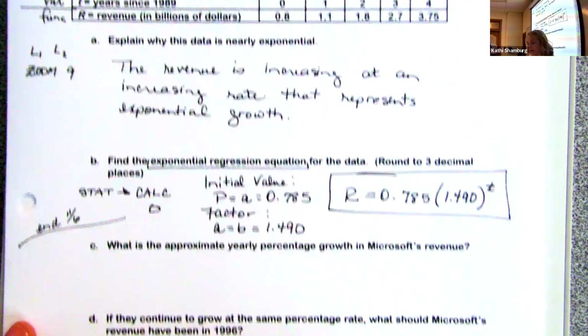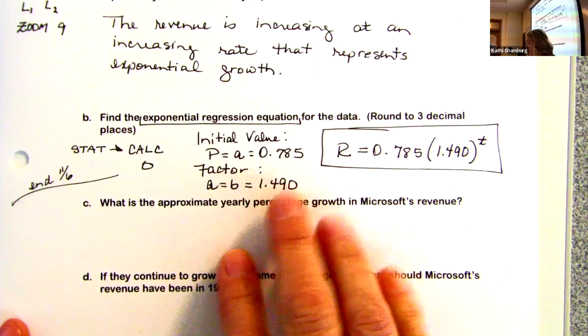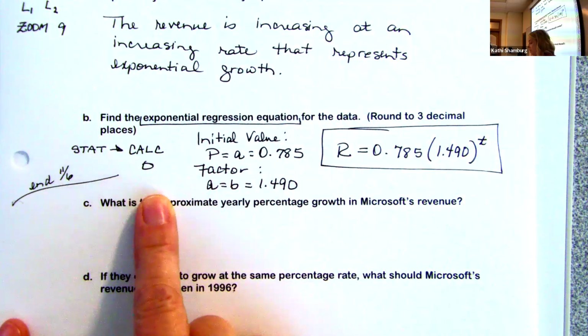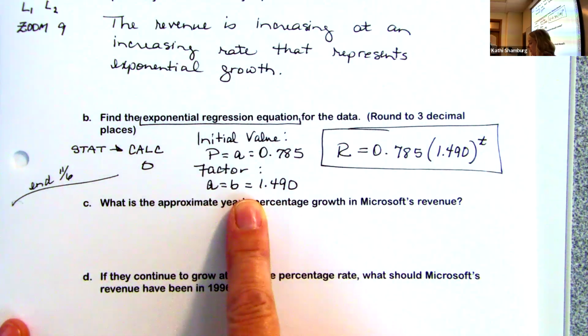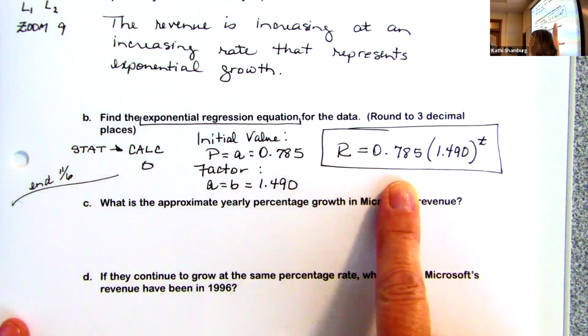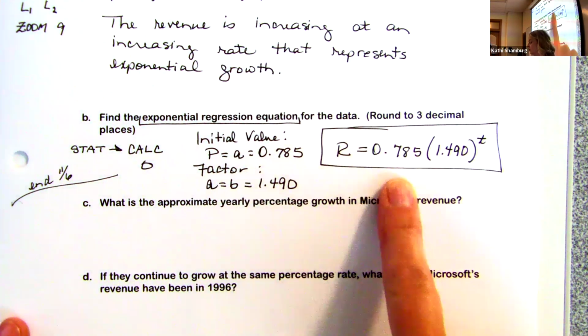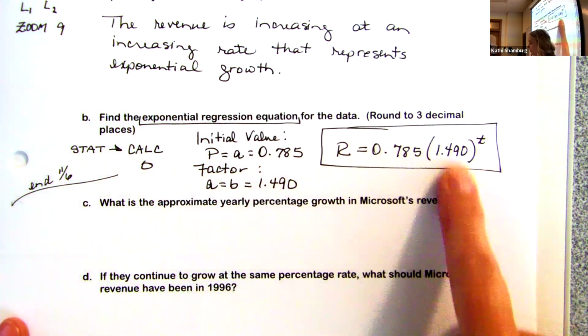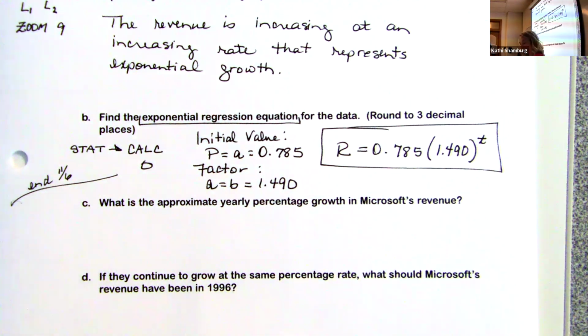Then we went to stat calc 0 and it gave us the initial value and the factor for our exponential equation. Because again, this is your initial value, and in this case, this is a growth factor. So that's where we were at when we left off.